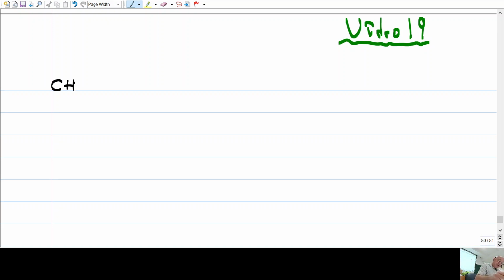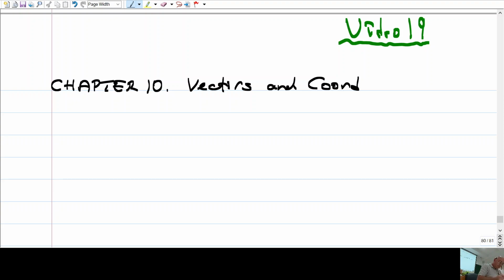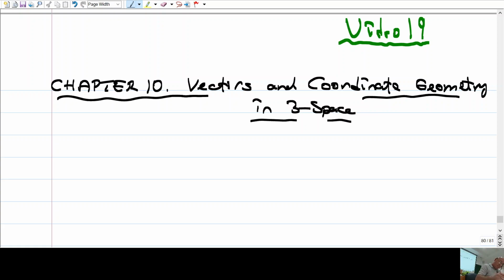So this is chapter 10, vectors. Section 10.1 is analytic geometry in 3 dimensions.